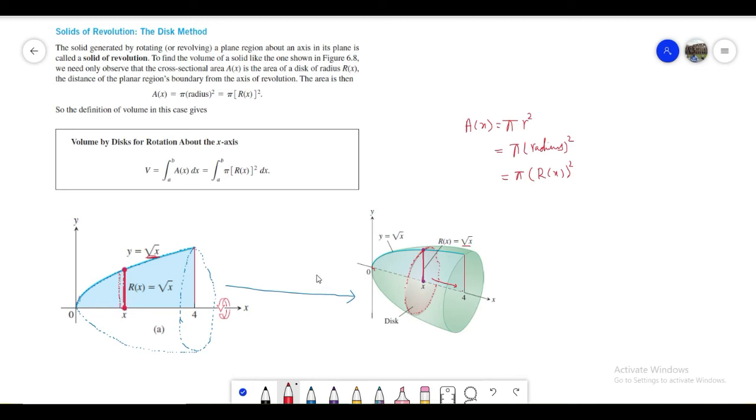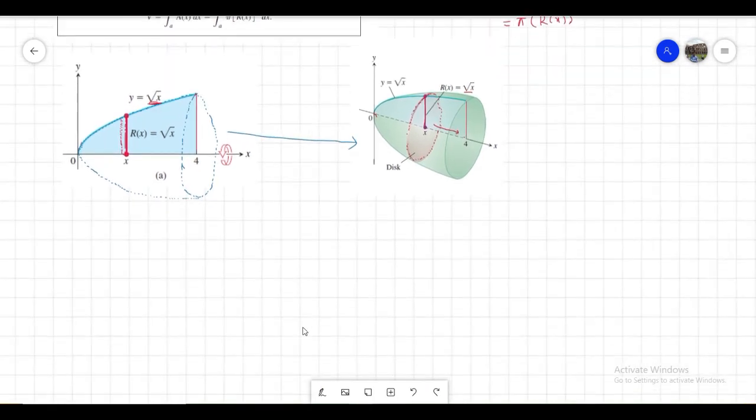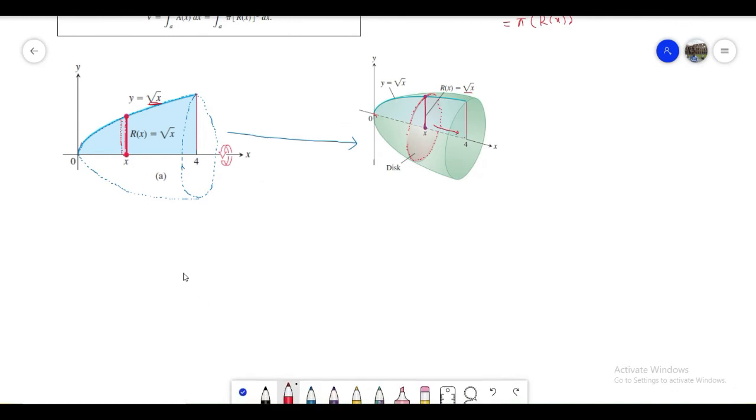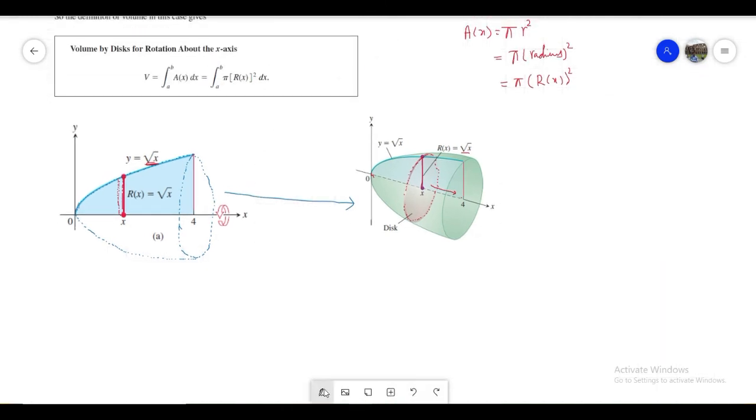If we want to compute the volume of this solid, we can easily compute it by the formulation given by this equation. Let me call this equation 1.